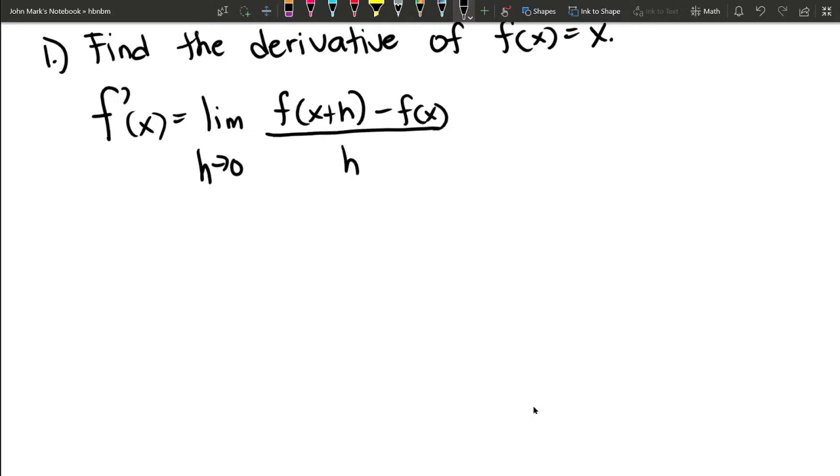So, since ang f of x natin ay x, papalitan mo lang yung x ng x plus h dito sa ating function of x plus h. So, we have now the limit as h approaches 0. So, papalitan mo yung f of x plus h. Yung x mo dito, dadagdagan mo ng plus h. So, we have x plus h minus yung f of x natin.